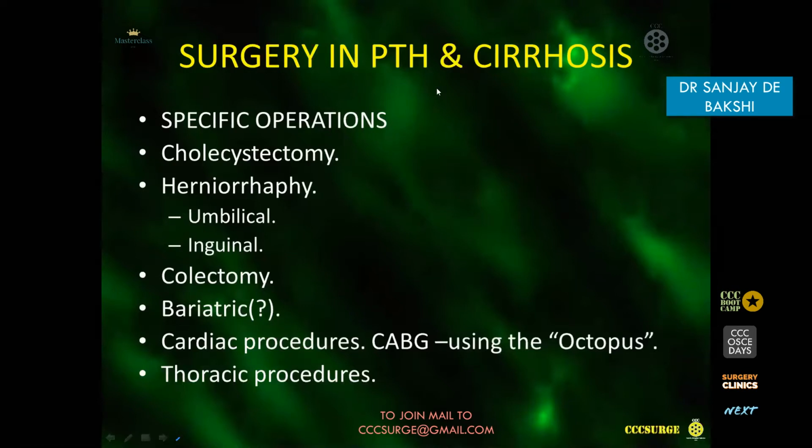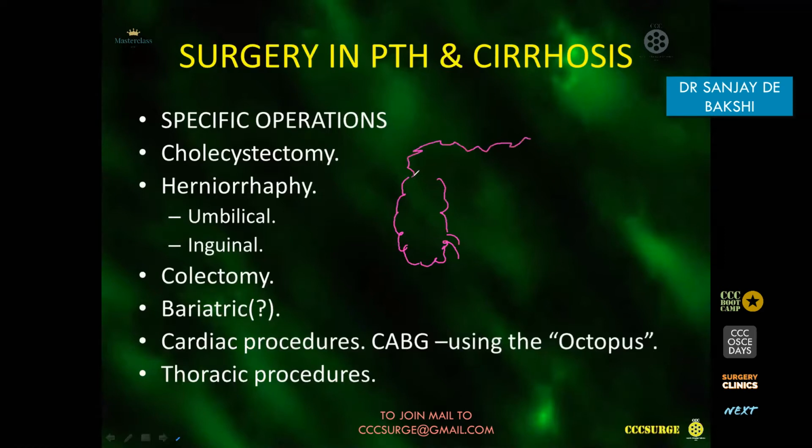Colectomies, that's the other problem. The colectomy is a problem. Why is it a problem? The reason it is a problem is, don't forget that you have portosystemic anastomosis, and some of these anastomoses actually lie around the colon.